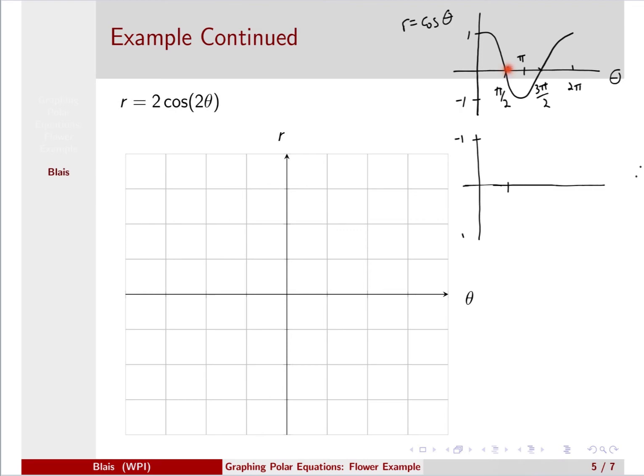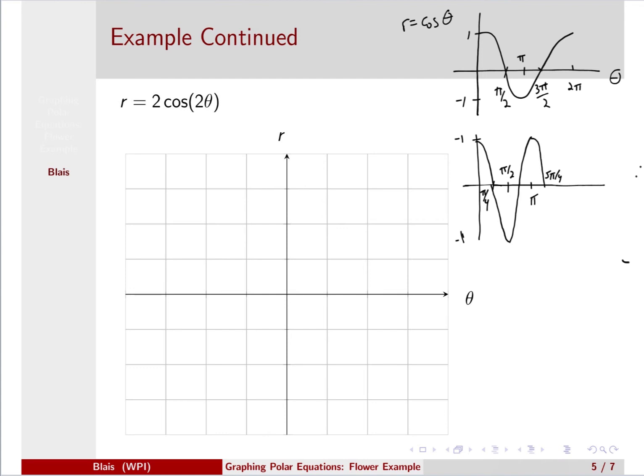this root will happen at pi over 4. And this minus 1 at pi over 2. And so we can see how this is really a speeding up of things.